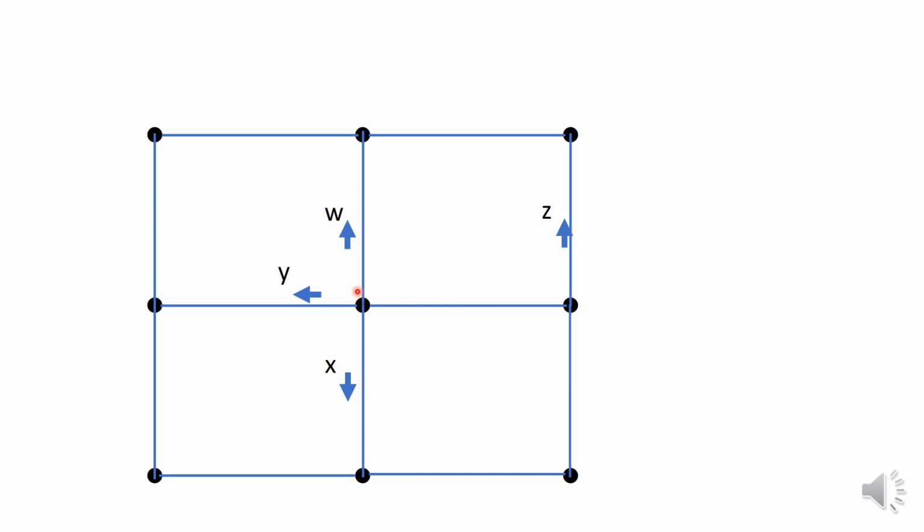Once I know values of W, X, and Y, for equilibrium to occur, the value of Z must be in this direction, and the sum of W plus X plus Y in this direction. So it's not necessary, once I have W, X, and Y, to take a measurement on this branch.